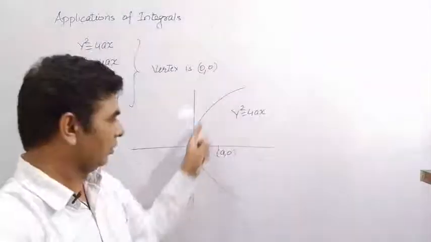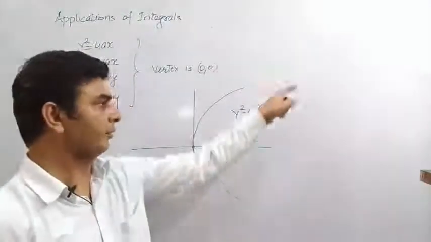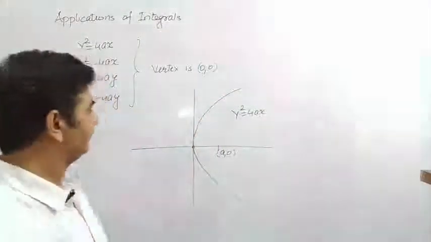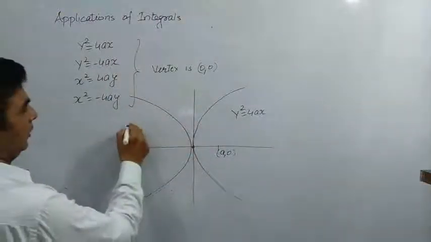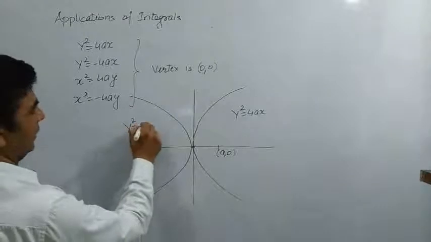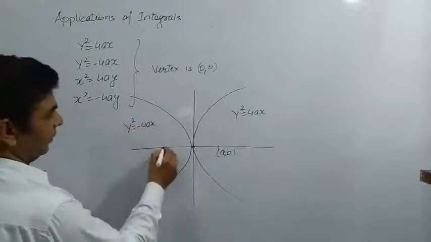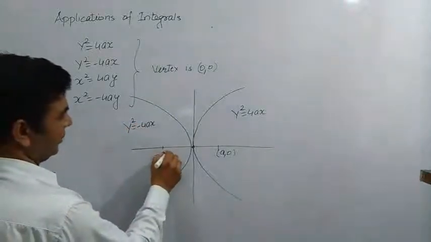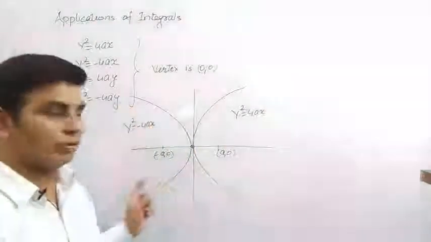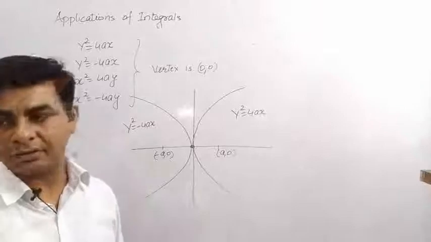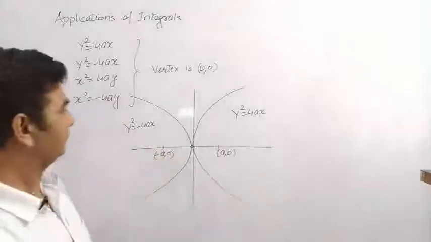Its axis is along the x-axis. This is symmetric along the x-axis. And this is the left-handed parabola given by y square is equal to minus 4ax. Again, the focus is (minus a, 0), vertex is (0, 0). Its axis is also along the x-axis. This is symmetric about the x-axis as well.